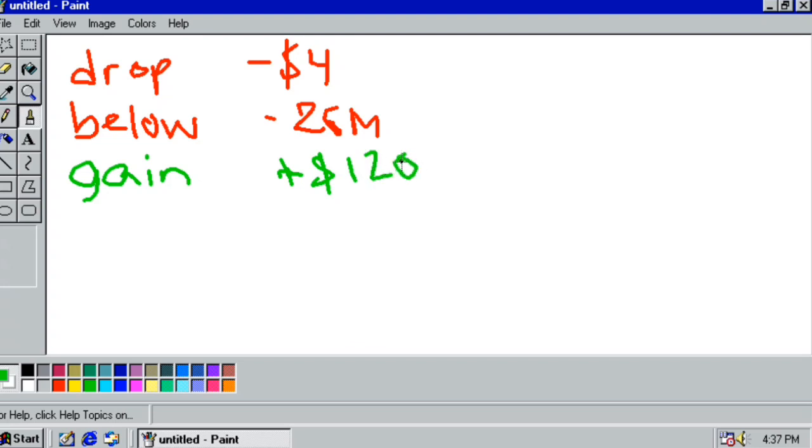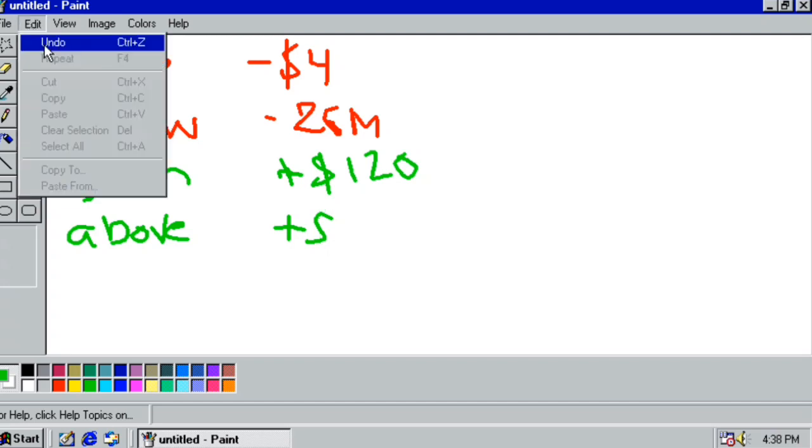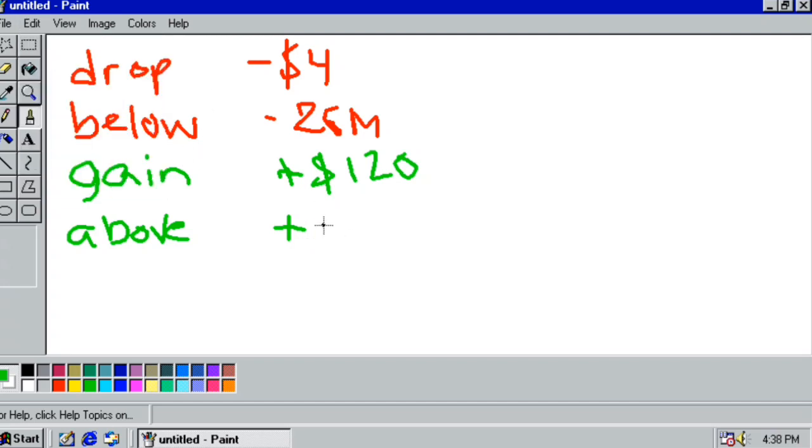Next, an airplane flies 27,000 feet above sea level. From the word above, which means goes up. So above sea level, so it's positive. Why is there a dollar sign? Positive 27,000 feet.